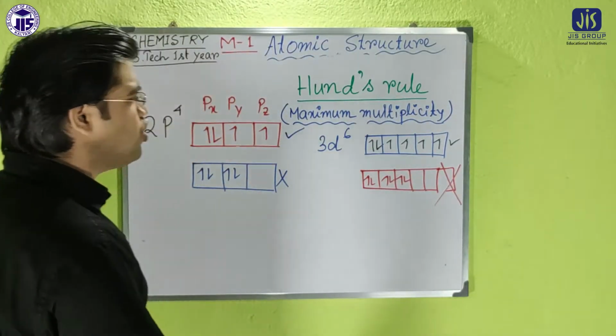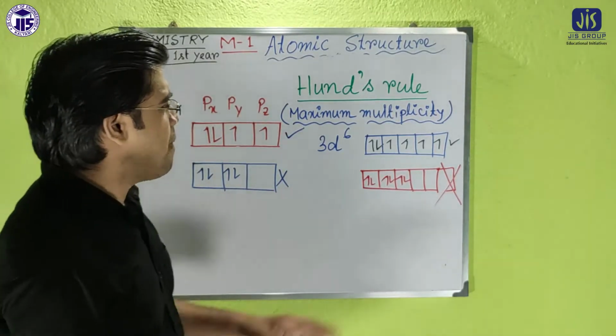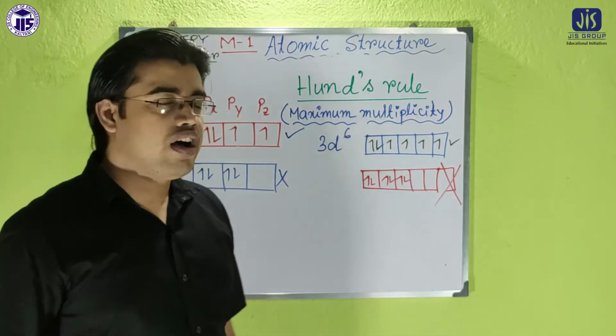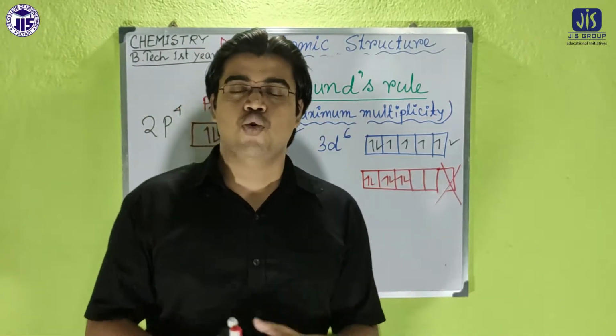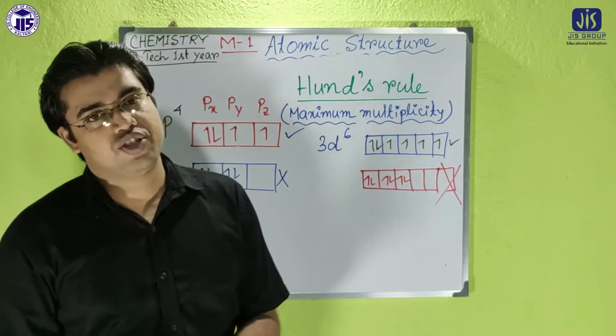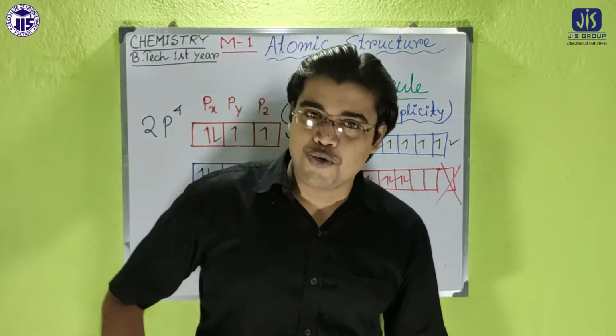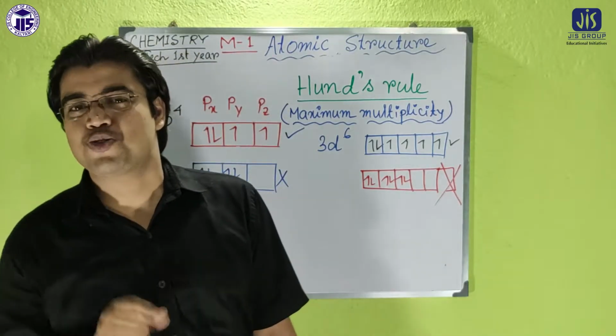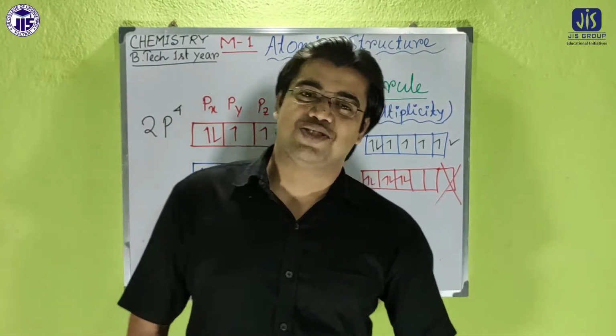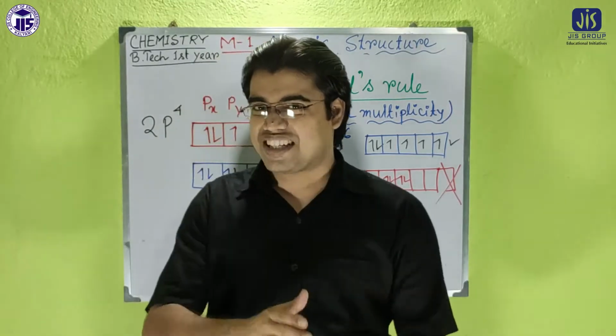Okay, so now come to the next topic, maximum multiplicity. You may see the term Hund's rule of maximum multiplicity. Generally we call it Hund's rule, but two more words are associated with it: maximum multiplicity.